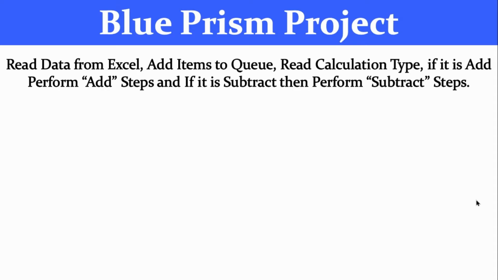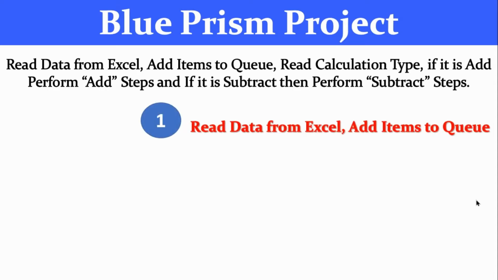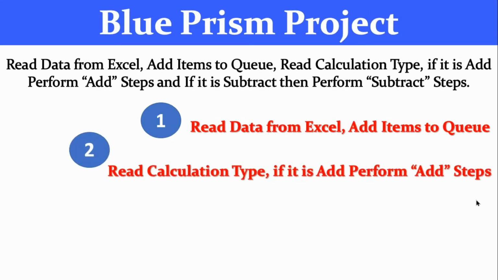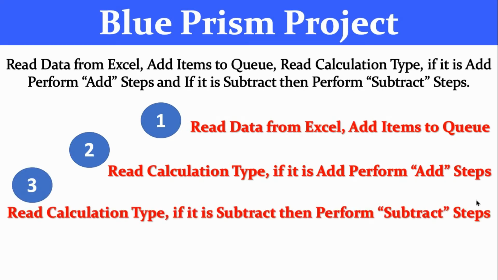We can divide this complete scenario into 3 steps. First, read data from Excel and add items to queue. Second, read calculation type, and if it is add, perform add steps. Third, read calculation type, and if it is subtract, then perform subtract steps.